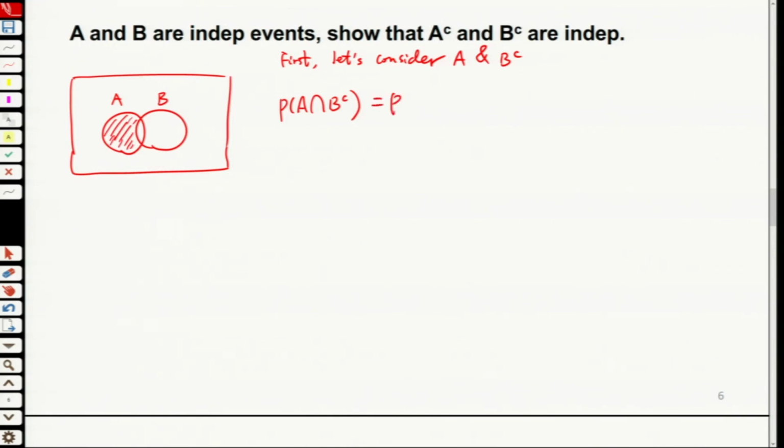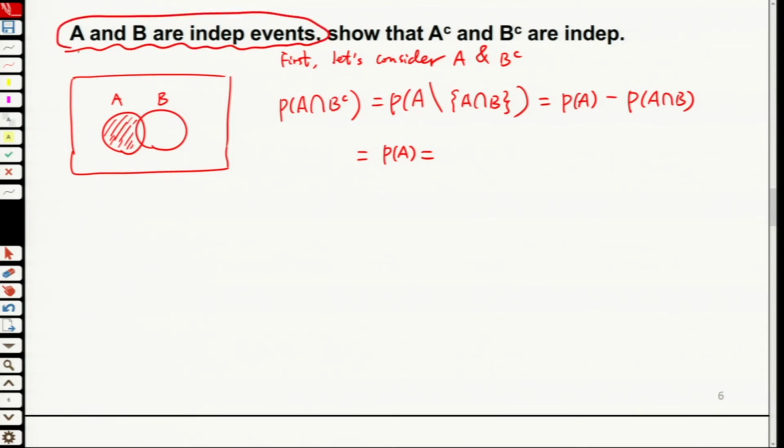So this is actually probability of A, not including the intersection of A and B. Is that right? That's what you're saying, right? So this will equal probability A minus probability A intersect B. But we know that A and B are independent. So here is a condition, they are independent. So this will equal minus P(A) times P(B).